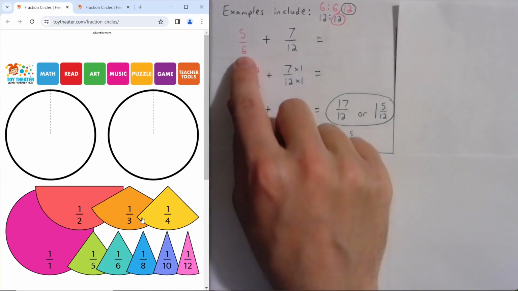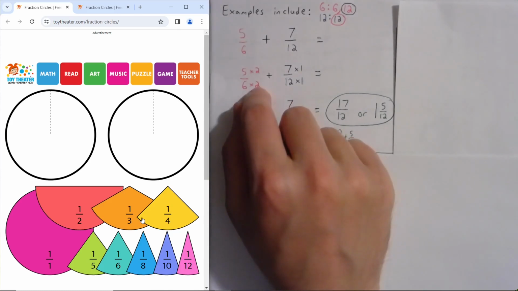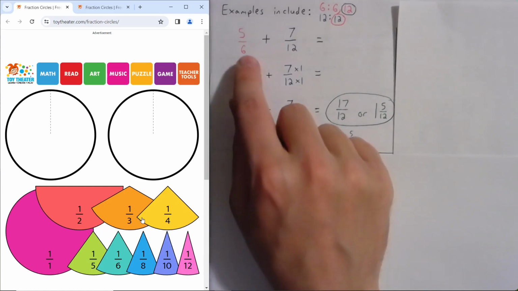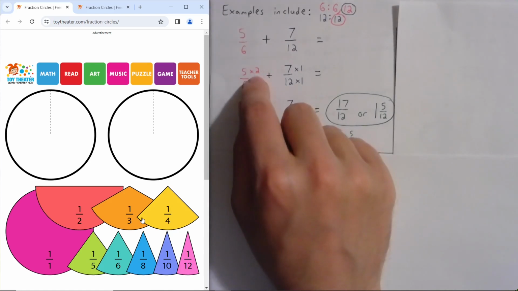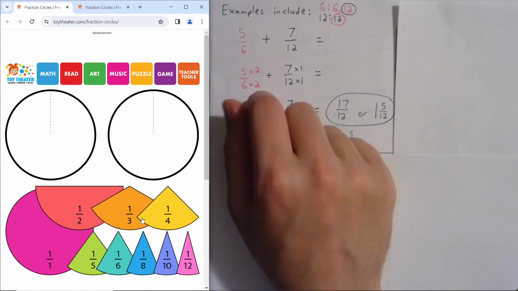All right, so to get this 5/6 into a fractional amount that is equivalent or equal, but has the denominator 12, I need to do the 6 times 2. And I got to be fair about it. Anything I multiply by the bottom, I have to do to the top as well, because times 2 over times 2 is the same as just multiplying by 1 whole, which is fair. So that's the reason why.